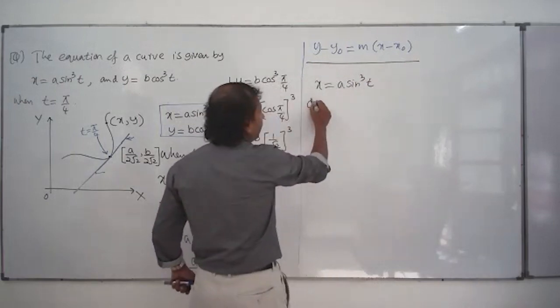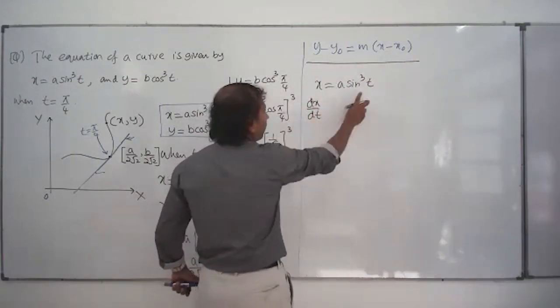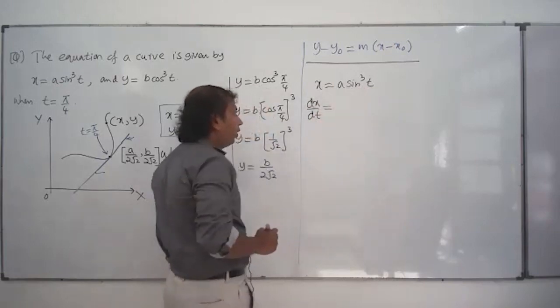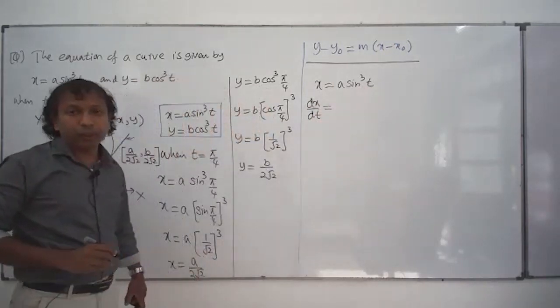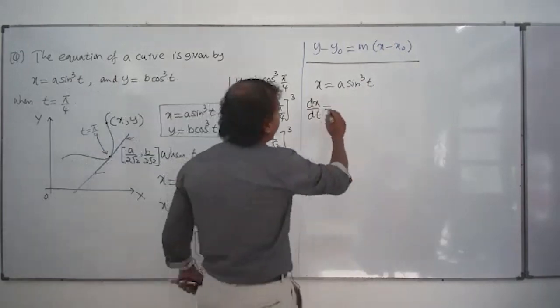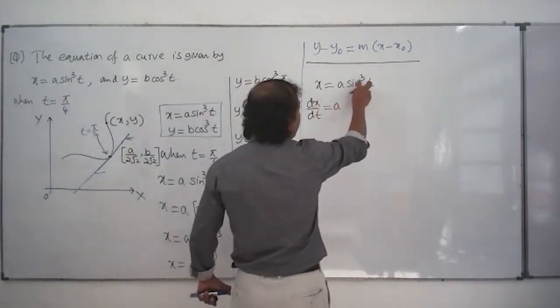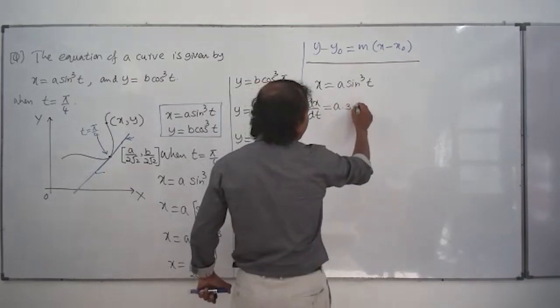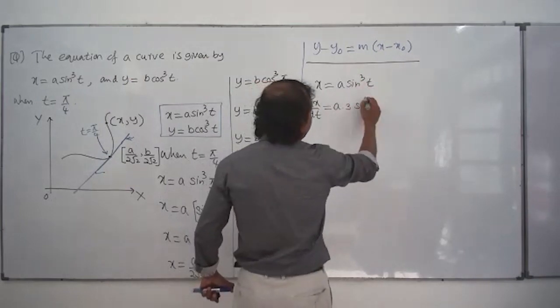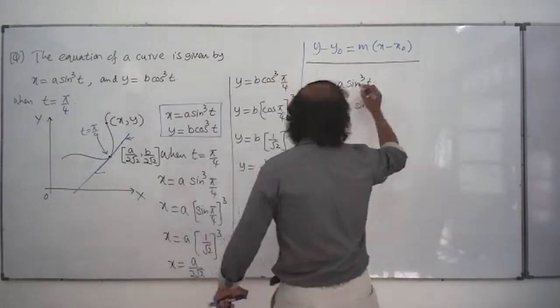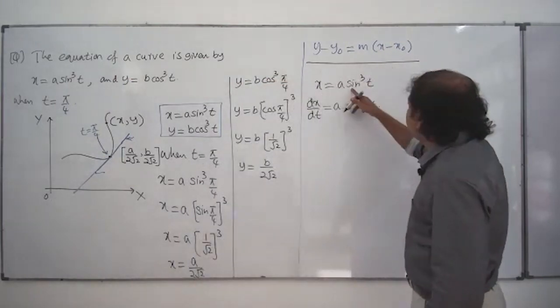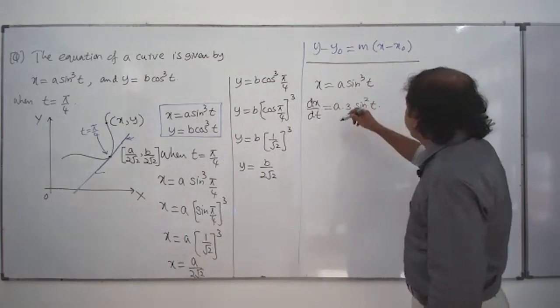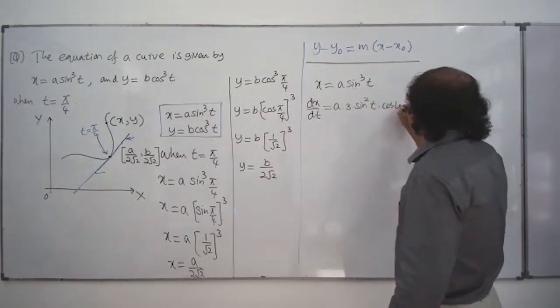We differentiate this x with respect to t because the right hand side variable is t: dx over dt. a is a constant. Then how do we differentiate sine cube t? First the power 3: 3 sine square t. Then that should be multiplied by the derivative of sine t, which is cos t.